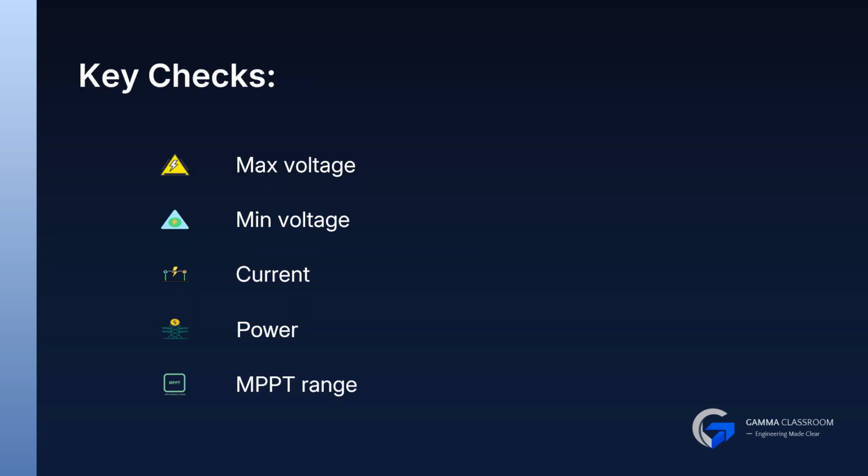To confirm compatibility, we perform 5 checks: maximum voltage, minimum voltage, current, power, and the MPPT range. Those 5 checks form the foundation of inverter matching.